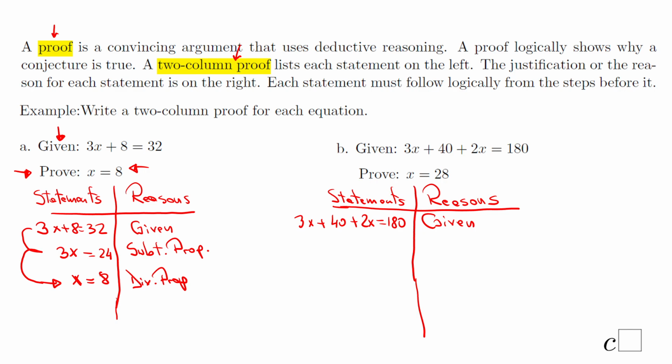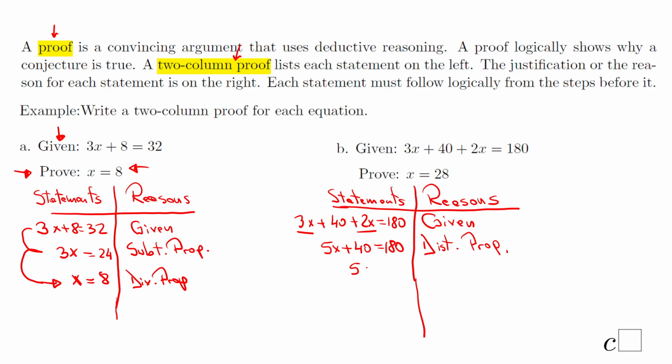And you remember in algebra we said combine like terms, these two terms that have x in it. So we have 5x plus 40 equals 180. In algebraic proof we call this distributive property, if you remember. Distributive property of the equality. Okay, my next step to solve this equation will be to subtract 40.